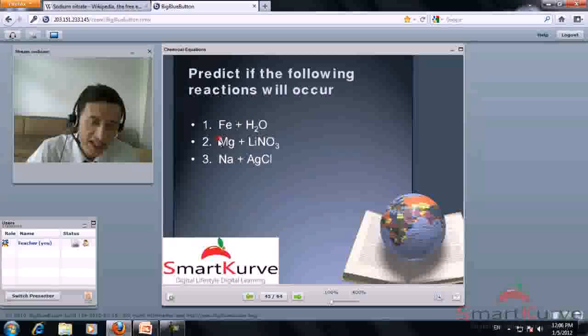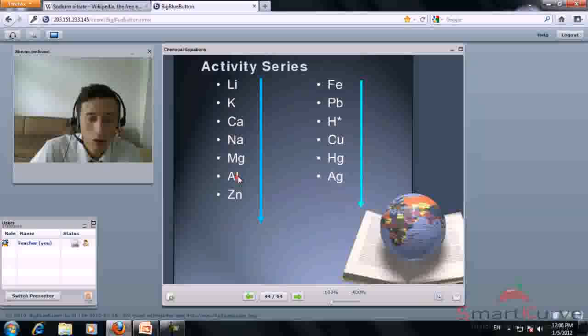We've got magnesium plus lithium nitrate. Well, look, remember the magnesium replaced the zinc and the silver because it is higher in the series. It's more reactive.